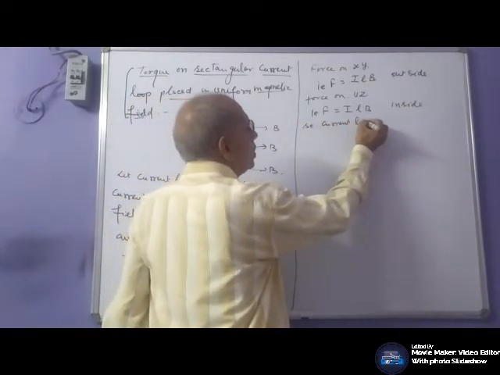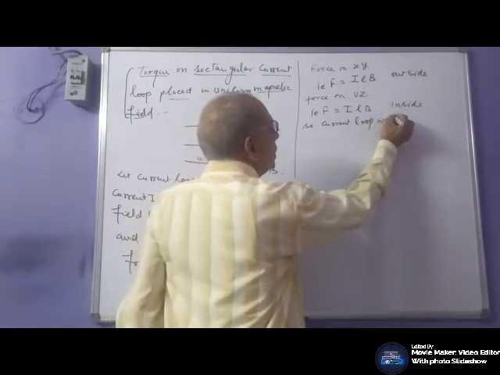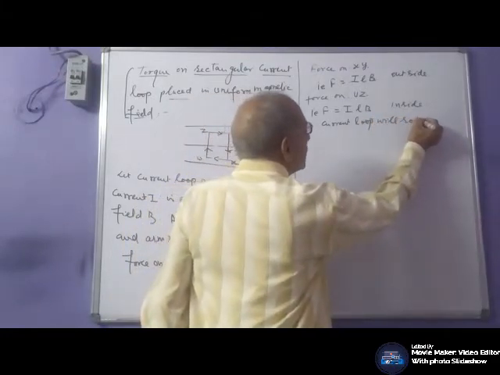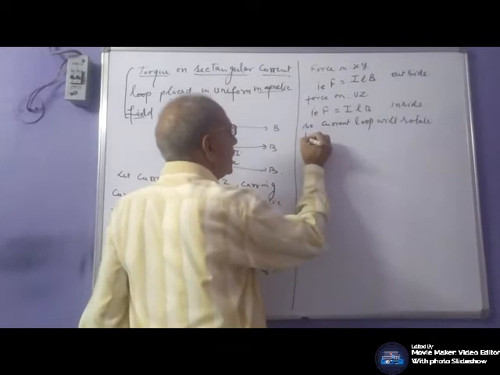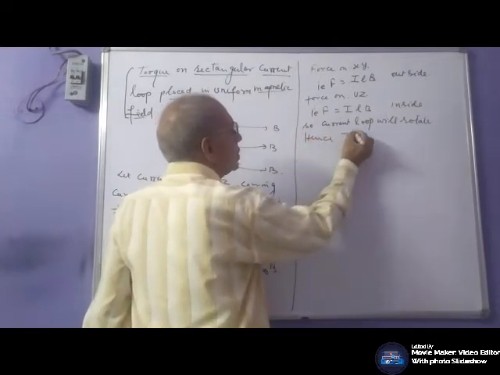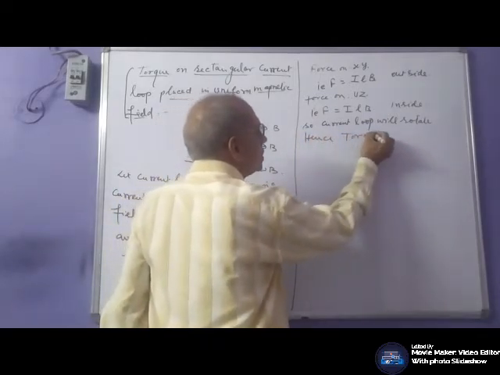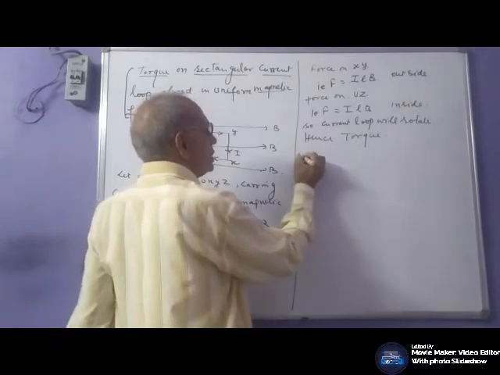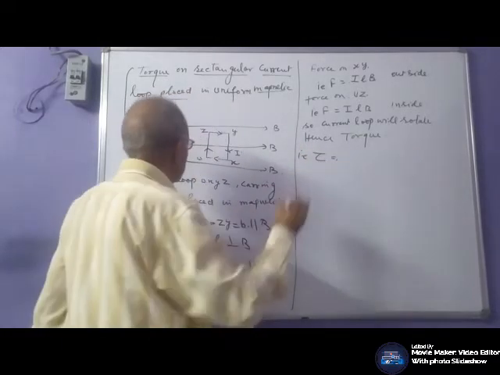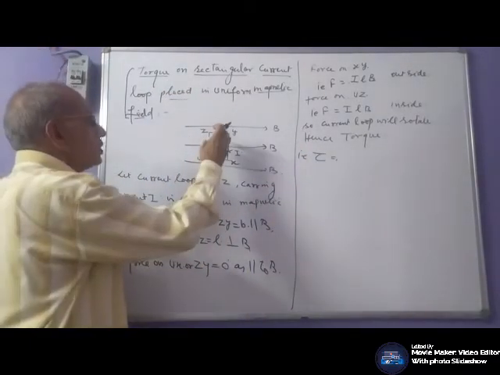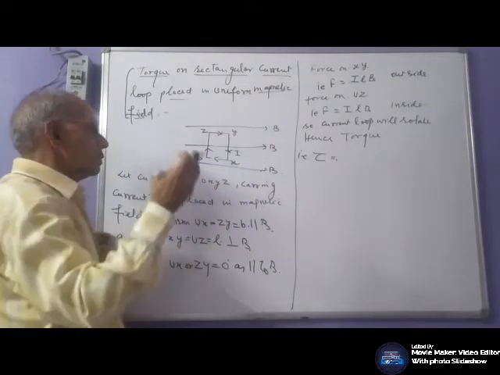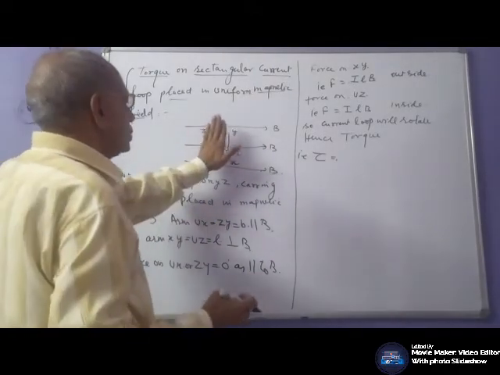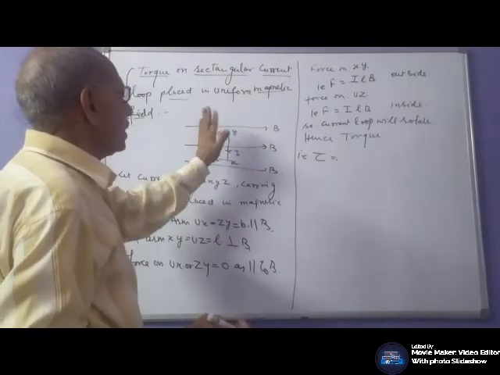So the current loop will rotate, hence torque, that is tau. Force outside, out, in, so it will turn like this.